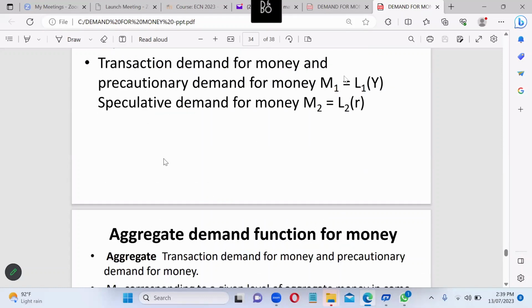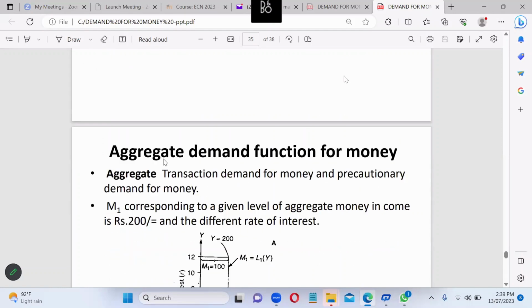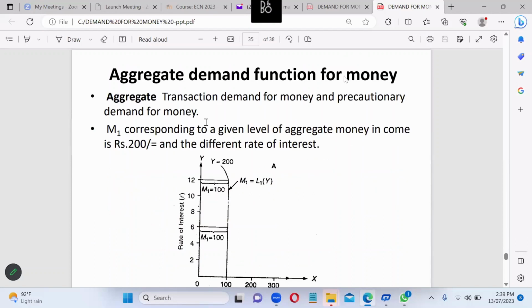Did you understand these things, students? Once we aggregate these three, the graph will come like this.